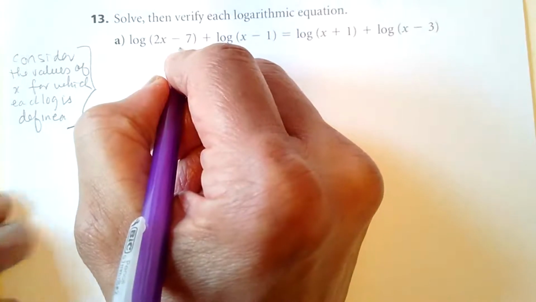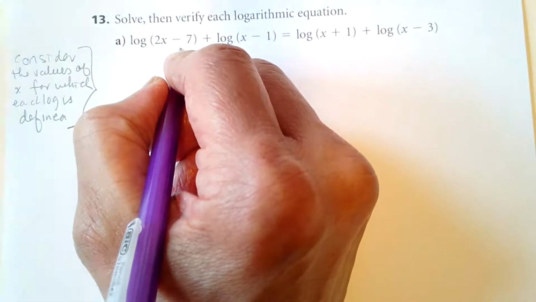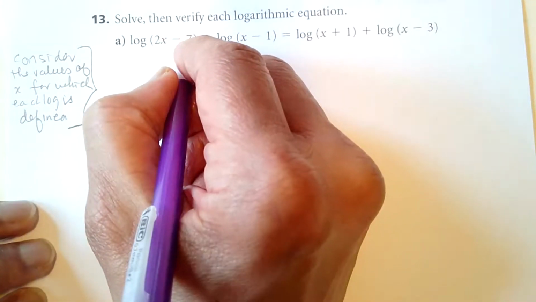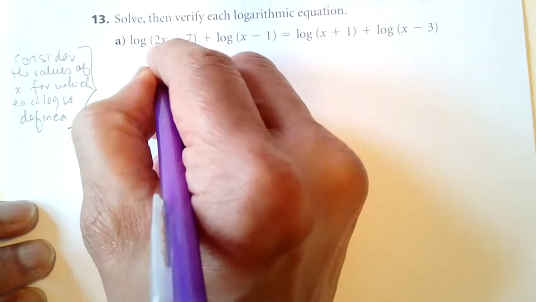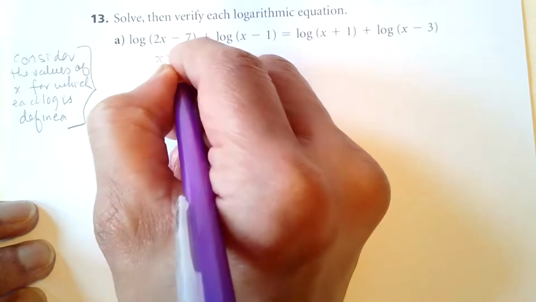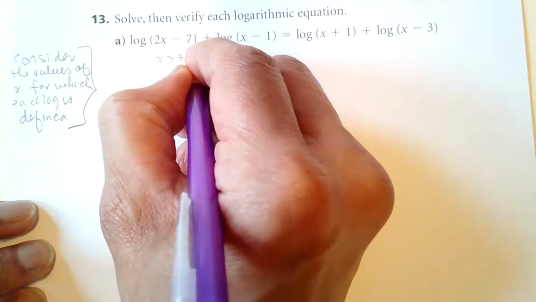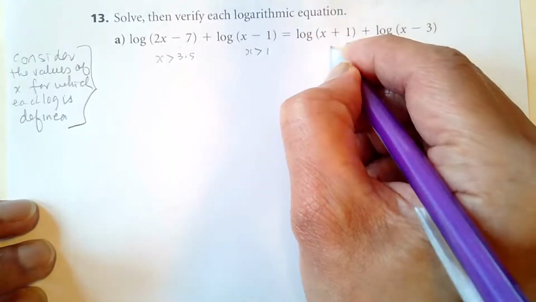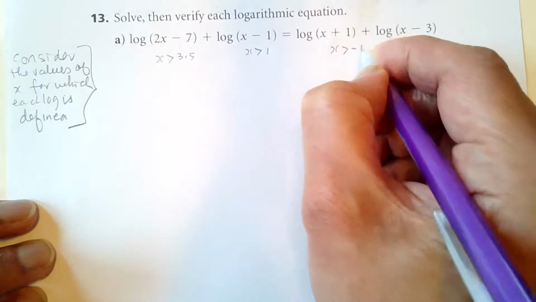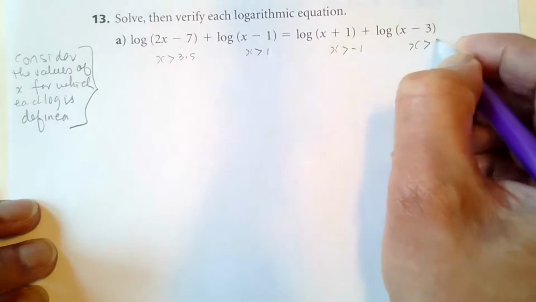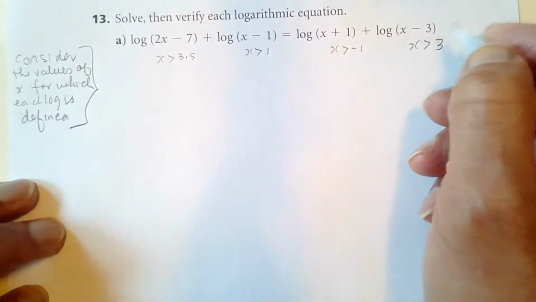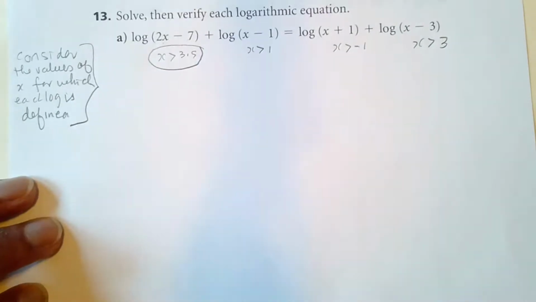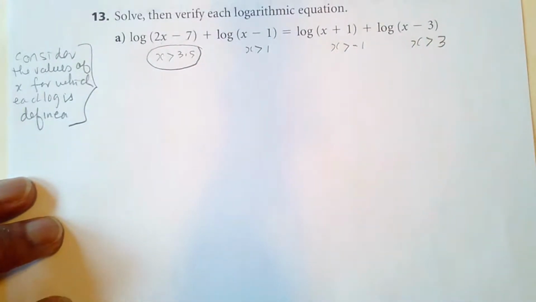So if you look at the first one here, this would be 3.5, because 2x minus 7 equal to 0 gives x equal to 3.5, so x has to be greater than 3.5. This one, x has to be greater than 1. Here, x has to be greater than -1, and x has to be greater than 3. So x has to be greater than 3.5.